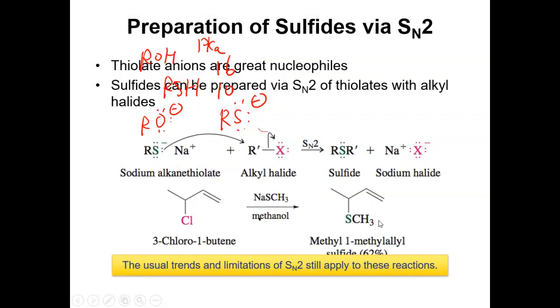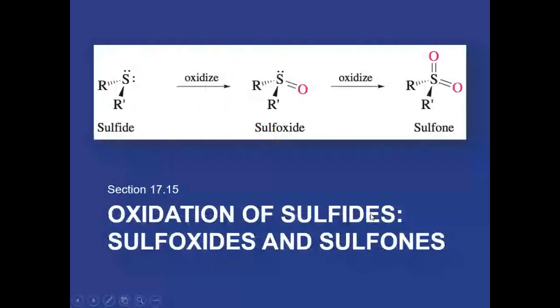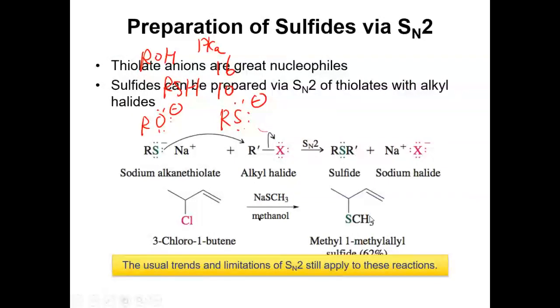The major product will be the SN2 reaction product, the sulfide here. In contrast, if you treat the same chloride with methoxide, you will get essentially 100% elimination product. Not even 90% or 80%, essentially 100%.